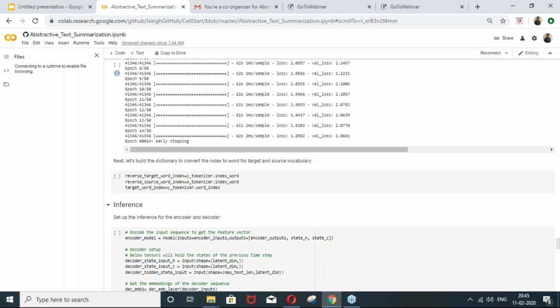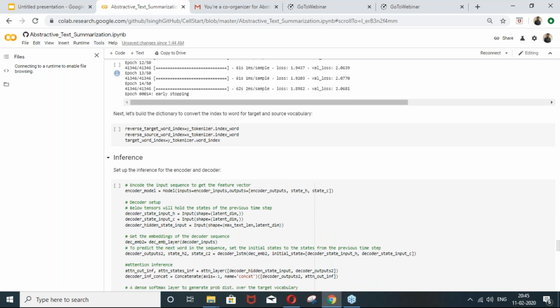Okay, so I'm not printing the dictionary over here. It's basically the words dictionary, not exactly a vector type of thing, but something in which we have added the tokens and all that.